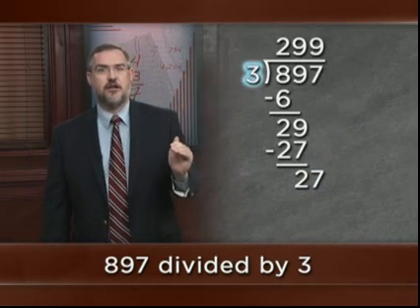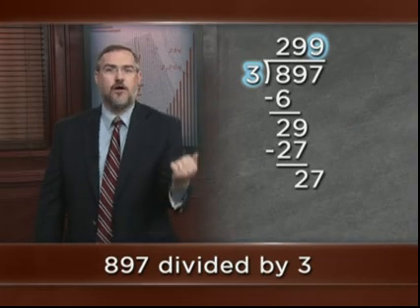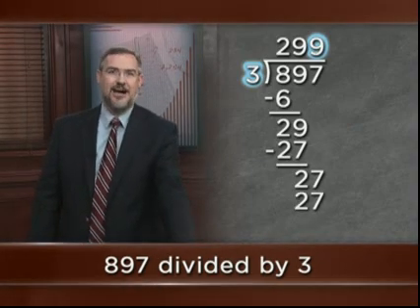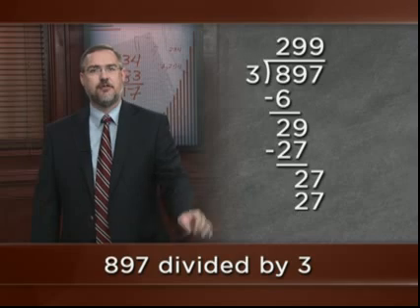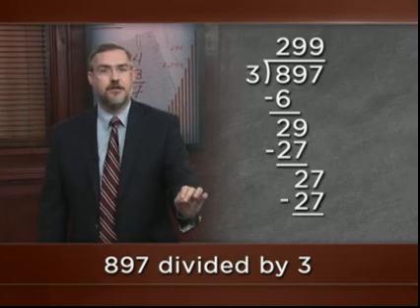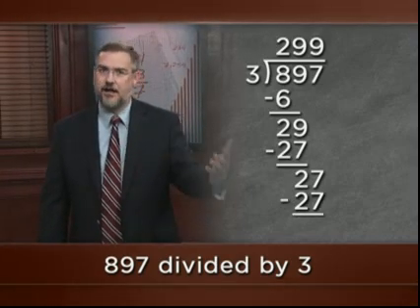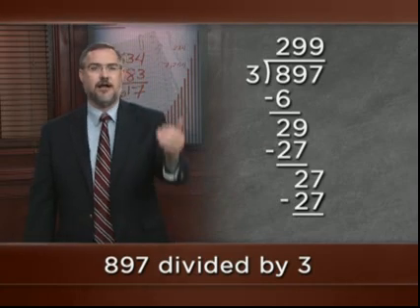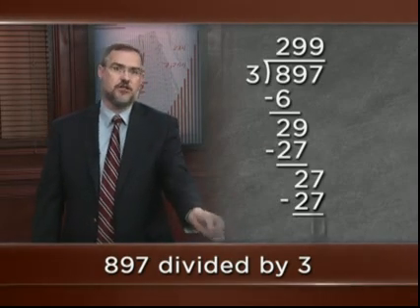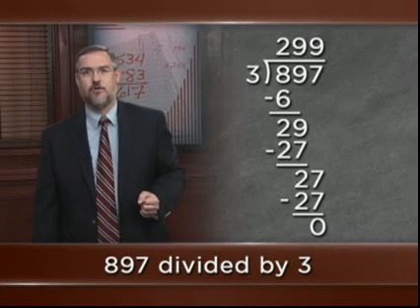Since 3 times 9 equals 27, I'm going to write a 27 at the bottom of my work again, and I'm going to have 27 minus 27. Again, I have to do the subtraction, and I'm down to an answer of 0 at the bottom of my work.